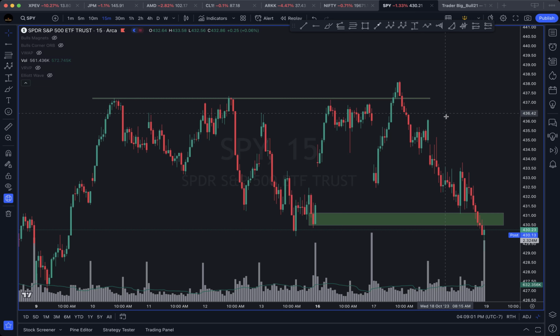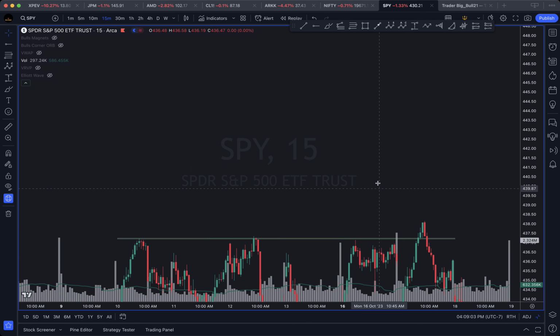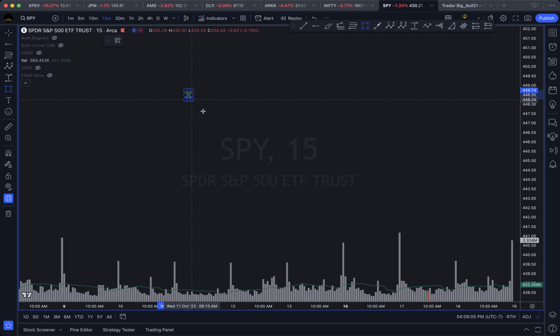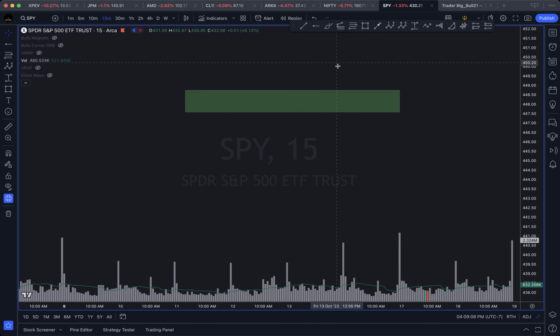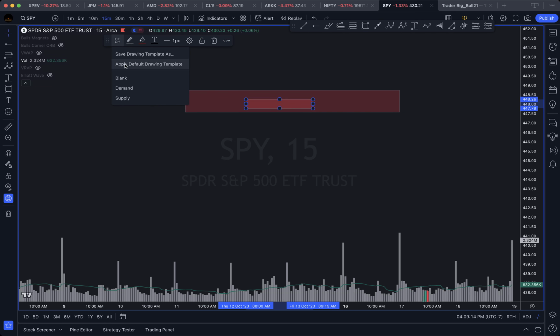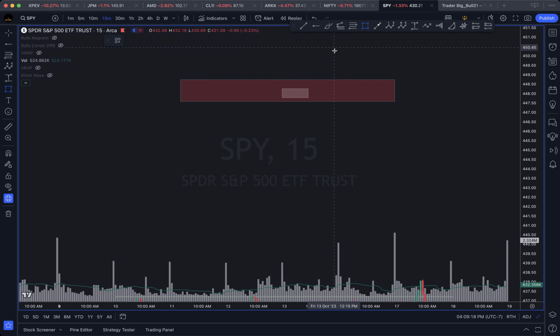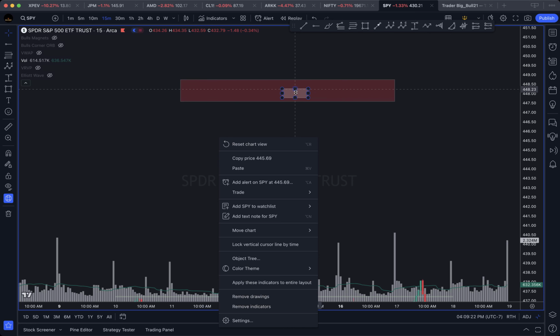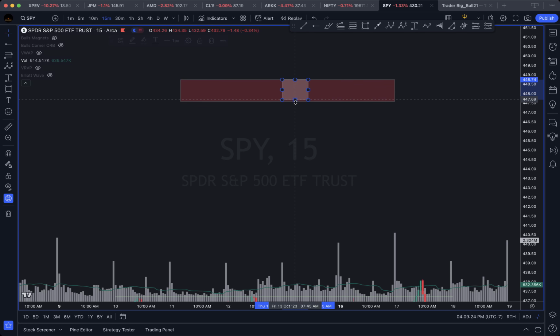But at that point, where would you put your stop loss? So let's say this is the supply zone I'm trading, and this is the base inside that supply zone, right? So price tags it.